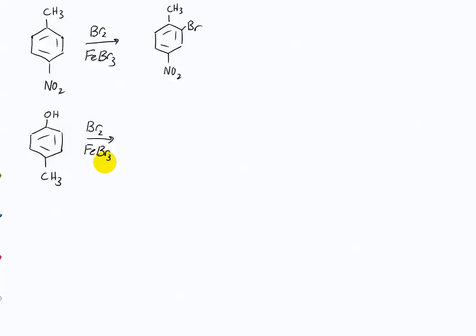Where do you expect the bromine to go in this case? Any one of the four spots. Sure. What do you think is going to be the major product?